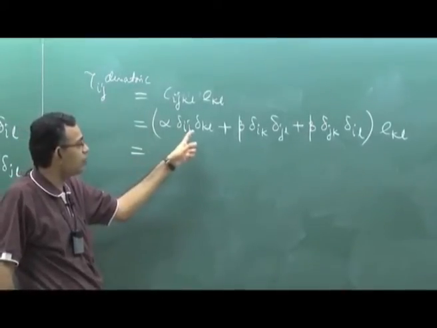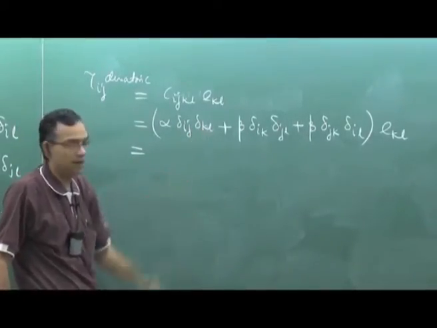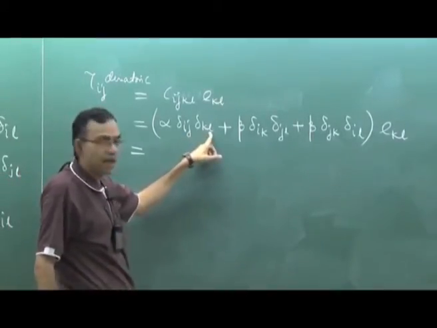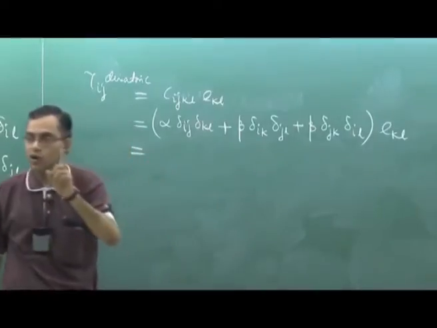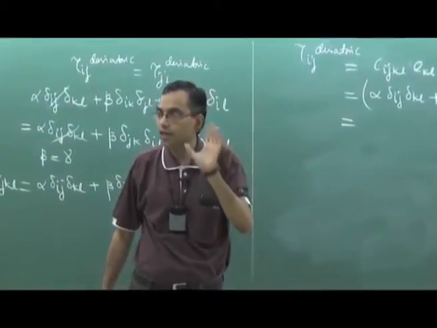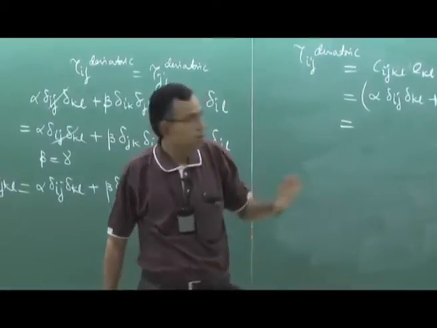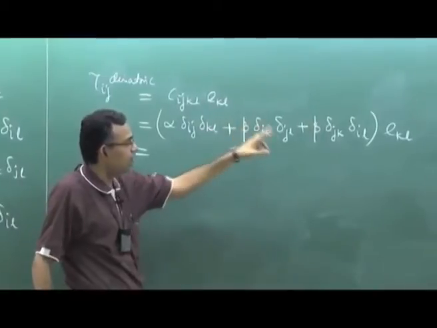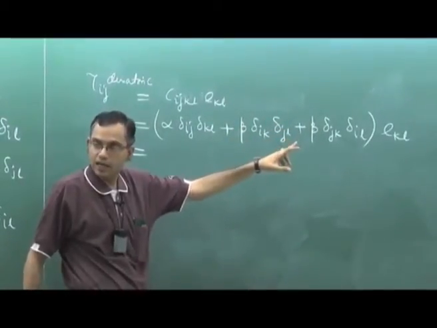Only indices that you play with are k and l. So delta_kl is equal to 0 except when l equal to k. That is the definition of delta.